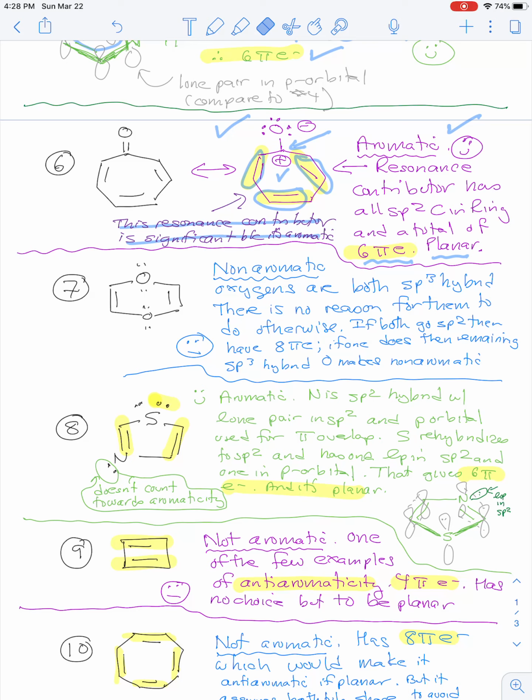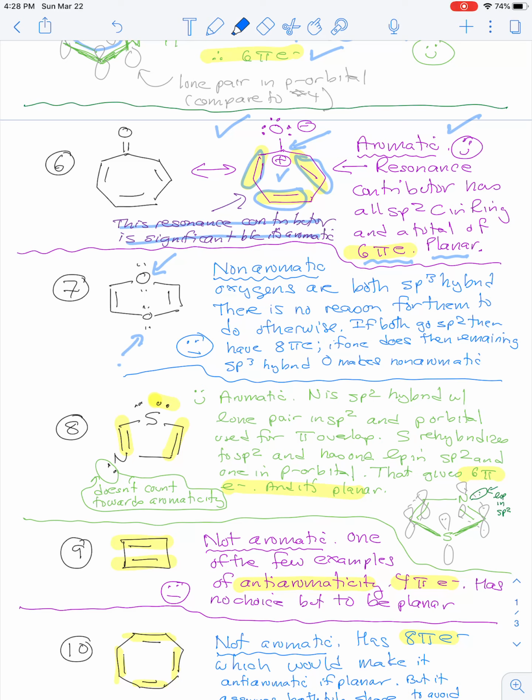The reason is that if we take one of these oxygens and rehybridize it as sp2, and put one of the lone pairs in the p orbital, we're still going to have the other oxygen as sp3. And so again, we don't have that continuous loop of empty p orbitals, or filled p orbitals for that matter.